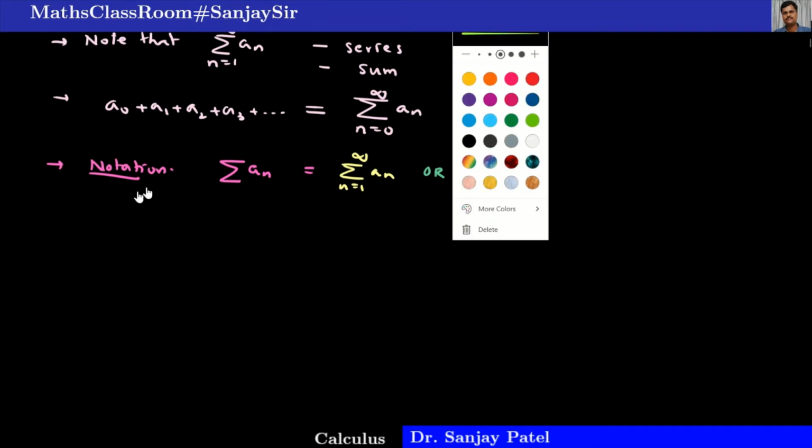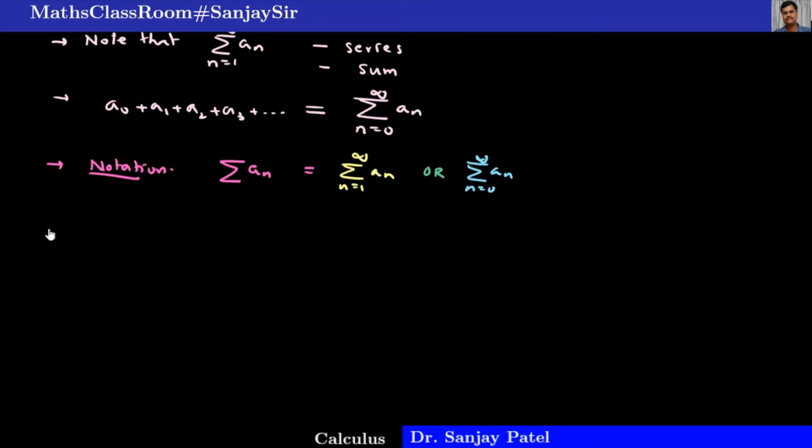So one simple example, discuss the convergence of the series sigma 1 upon 2 raised to n minus 1.